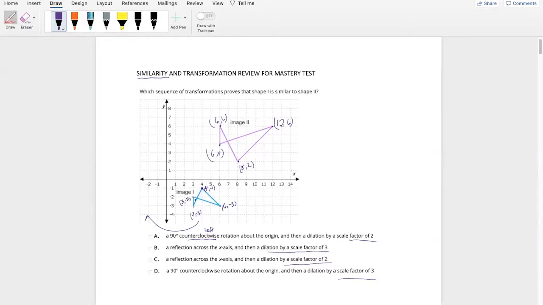And looking at my original, so like this one, once it's reflected, would end up here, 4, 1. And that would be like this bottom point. So once it's flipped, I'm going from point 4, once it's reflected, it would end up here, 4, 1. And that point then becomes 8, 2.